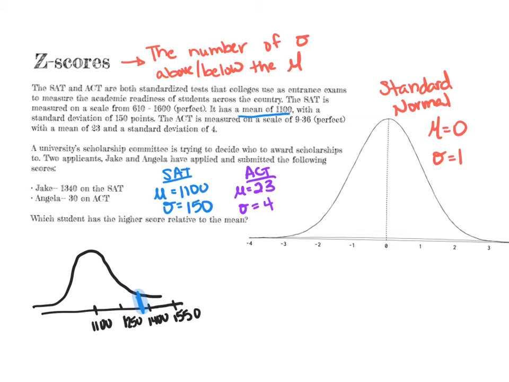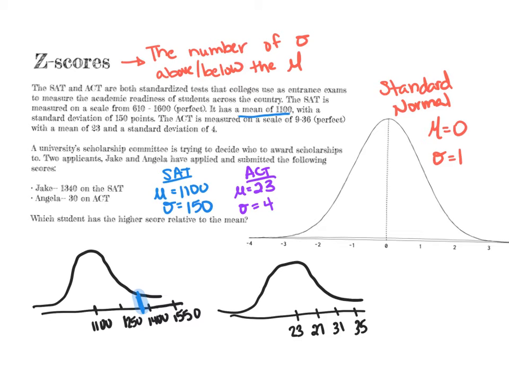Do the same thing for Angela's curve. Draw her curve and label it again. Her mean is at 23, and we spread out by 4, so that's 27, 31, and 35.